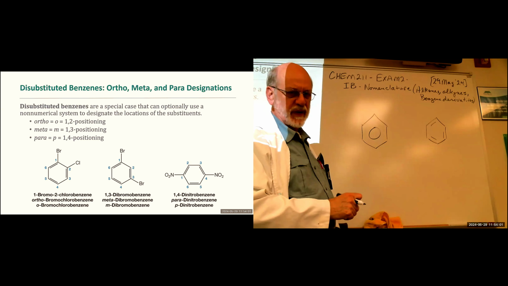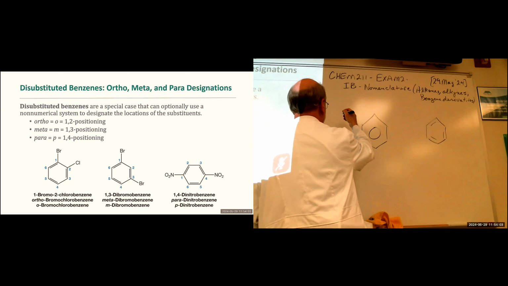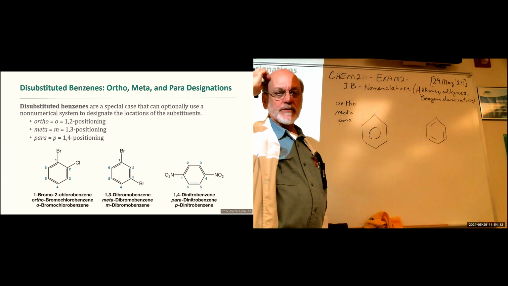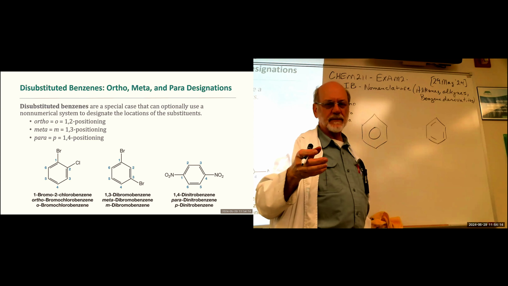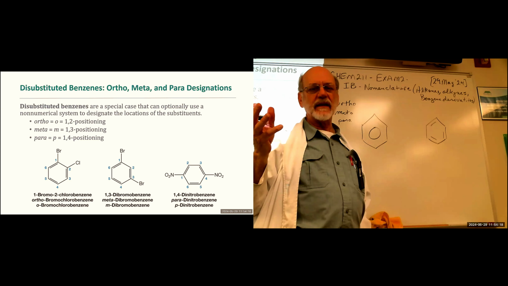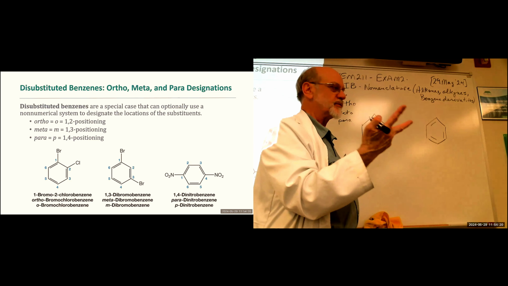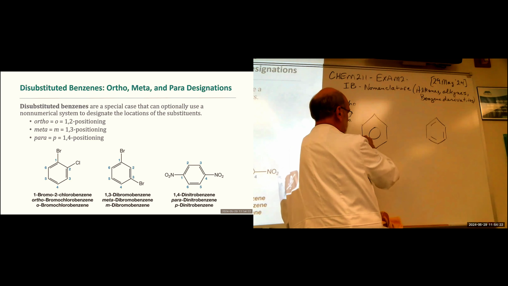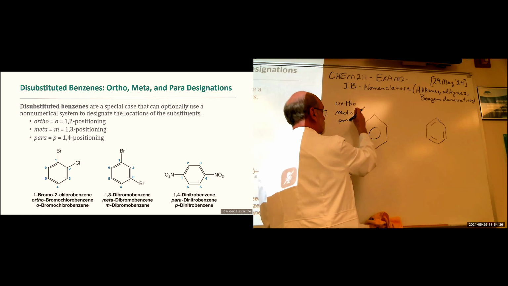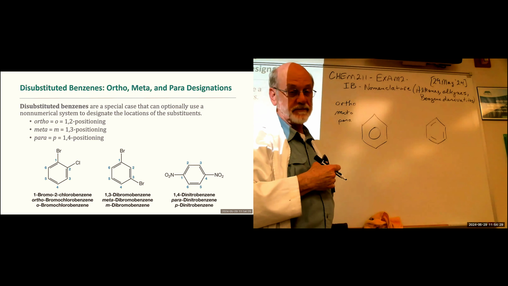It's the ortho-meta-para. Those prefixes to the name are valid only when there are two attachments to the ring. So if you have two groups here, then you can say they're either ortho to each other, meta to each other, or para to each other.